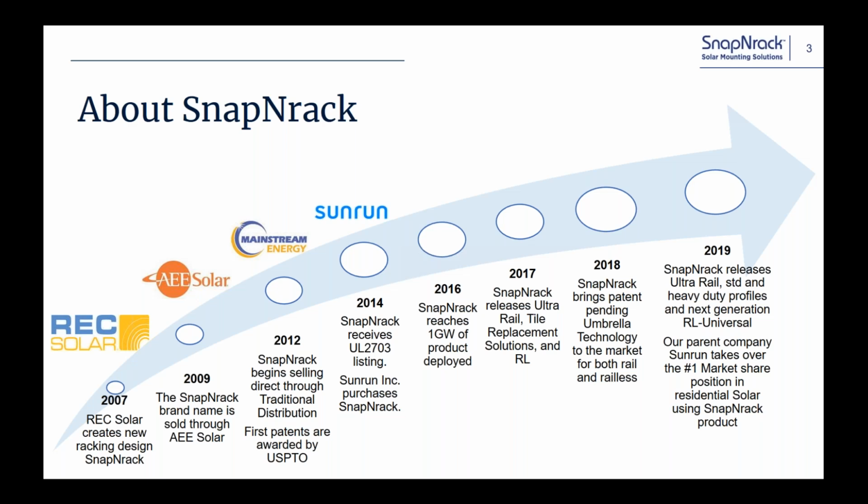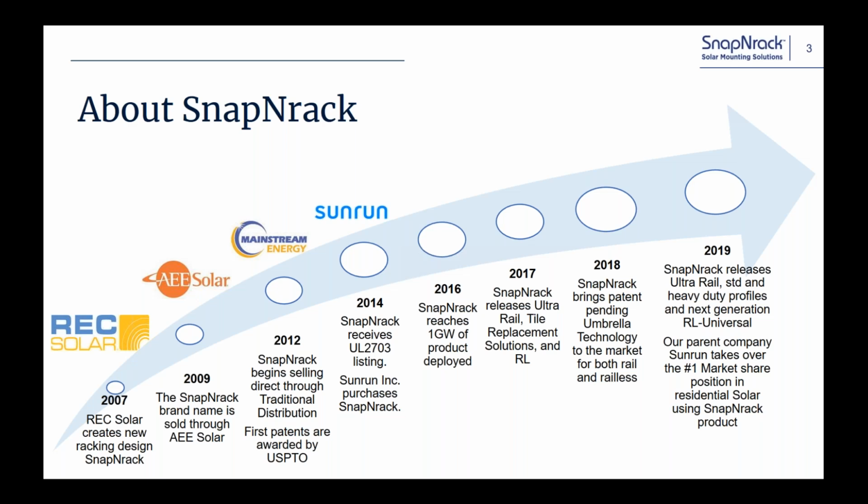So they did. In 2009 it went to market through AEE Solar and started selling, and moved on. Throughout the years, in 2016 we reached 1 gigawatt of product out on the roofs.